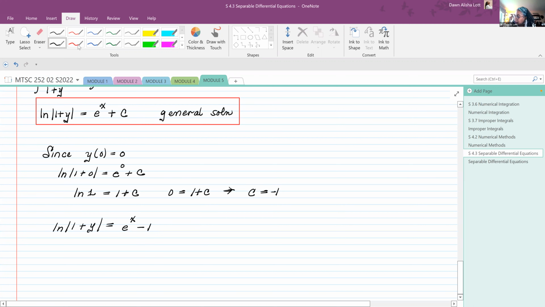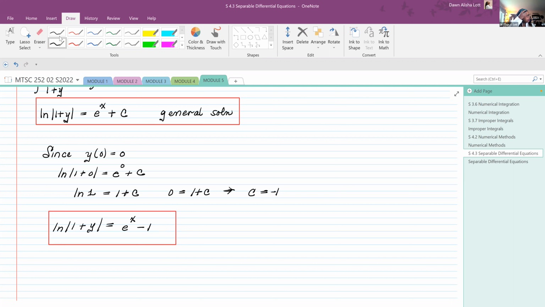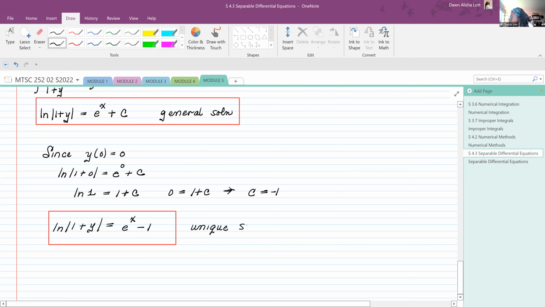So this is our specific solution. And this solution happens to be a unique solution, but it happens to be an implicit form of y. So this is the unique solution in an implicit form of y.